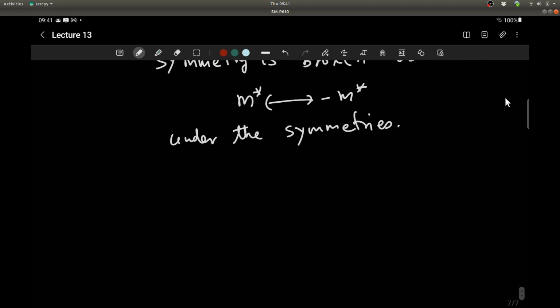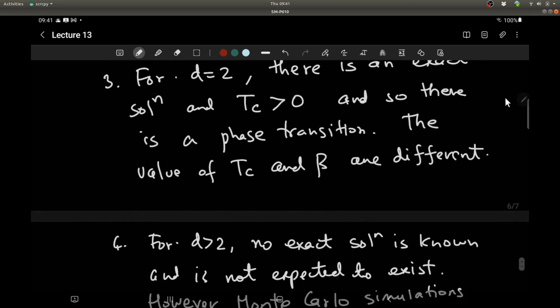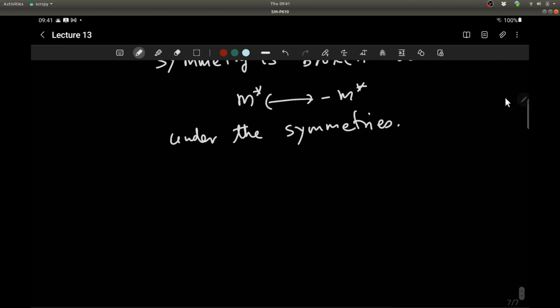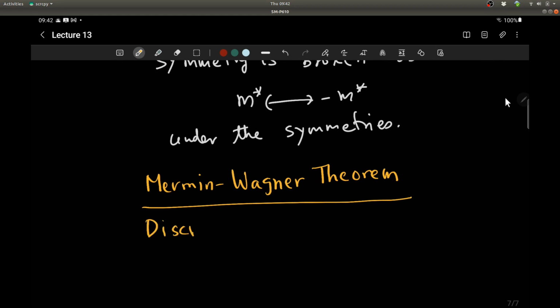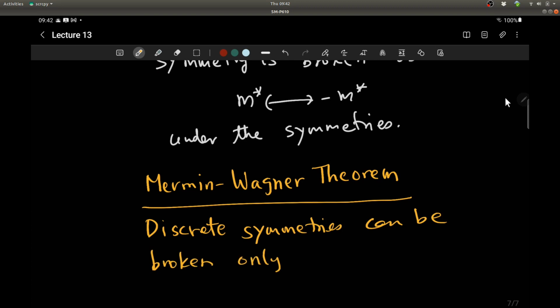Okay, so now there is a theorem which I will state. Mermin-Wagner theorem. Discrete symmetries can be broken only in dimensions greater than 1.